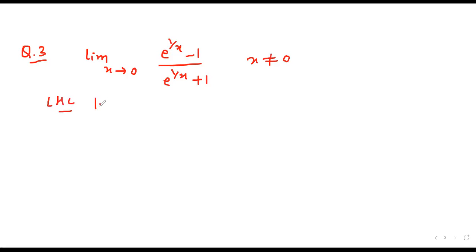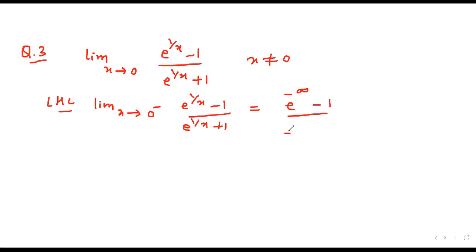So LHL, limit x tends to 0 minus, e to the power 1 upon x minus 1 divided by e to the power 1 upon x plus 1. So it will become e to the power minus infinity minus 1 divided by e to the power minus infinity plus 1, which will give minus 1.